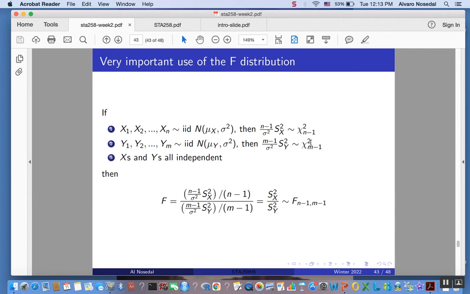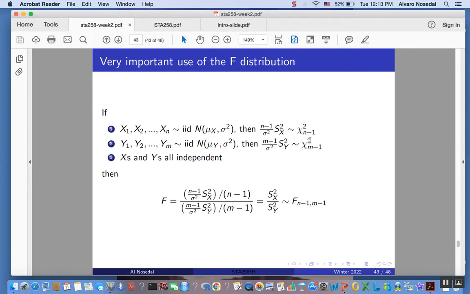Because we have a sample of size m in this case, m minus 1 times the sample variance for that new random sample, divided by sigma squared, has a chi-square distribution with m minus 1 degrees of freedom.